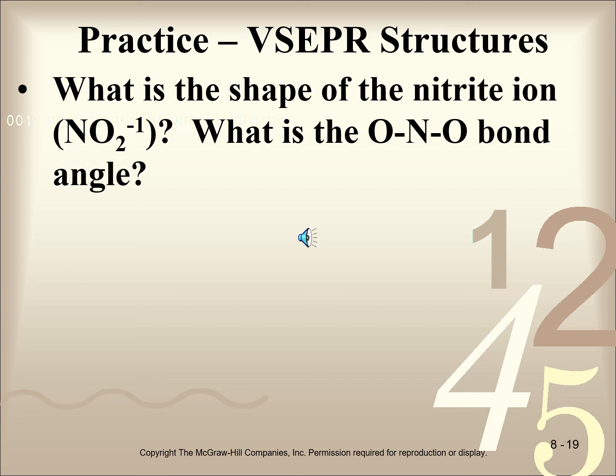When you're counting up your building fund for nitrite, you have 5 valence electrons from your nitrogen, 6 from each of 2 oxygens for a total of 17, and then you have a negative charge, so you add 1 more, because that's the meaning of a negative charge, you have an extra electron, for a total of 18 valence electrons with which to build.